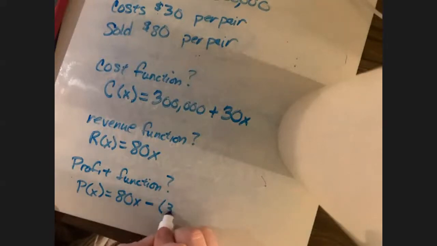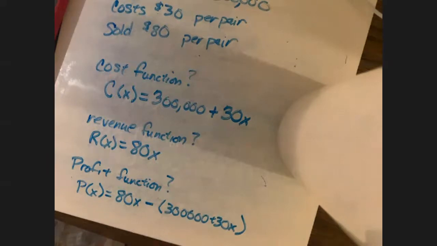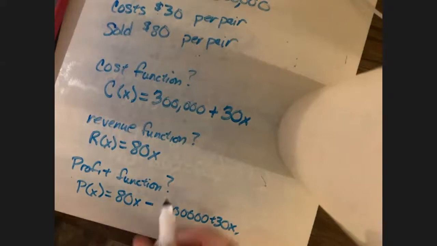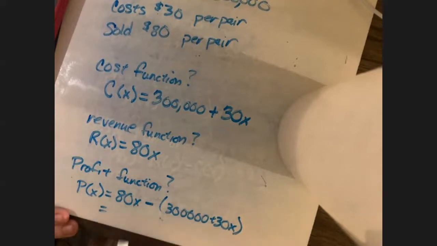And again, because cost has two things in it, you want to put that in a set of parentheses, okay? Because you want to make sure that you're subtracting all of this. And if you didn't have the set of parentheses on there, this only looks like I'm subtracting the 300,000. Looks like I'm adding this, okay? So then you can put that. Now, you can clean this up if you distribute, okay?